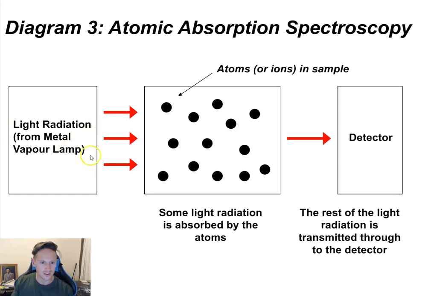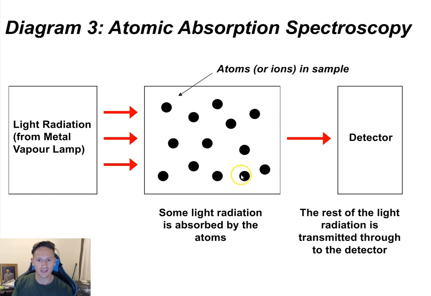So zinc cathode lamp, wavelengths of light specific to zinc, and then in the sample we've got atoms, so these are just random atoms, but some of them might be zinc atoms. Now the zinc atoms are going to absorb the light with the specific wavelengths for zinc, because that's how the electrons are arranged.